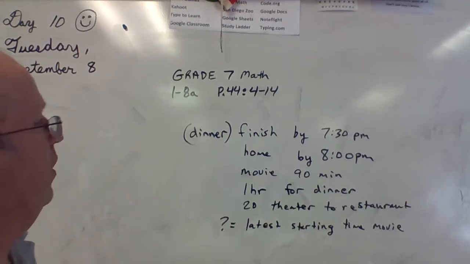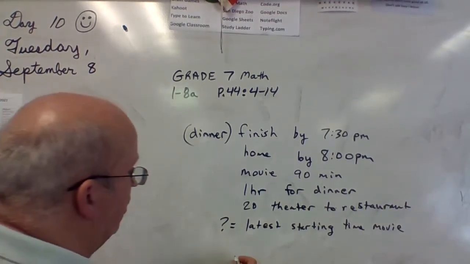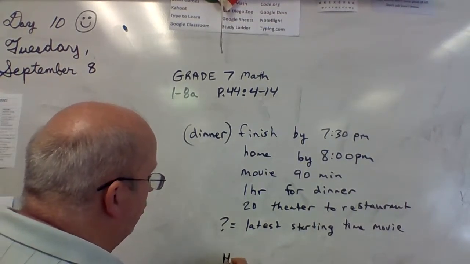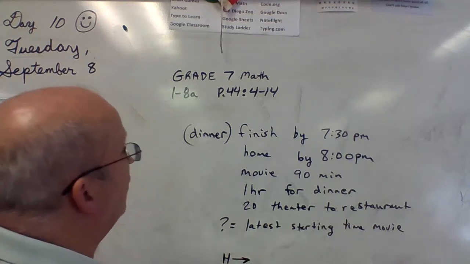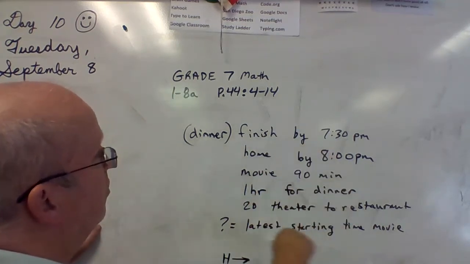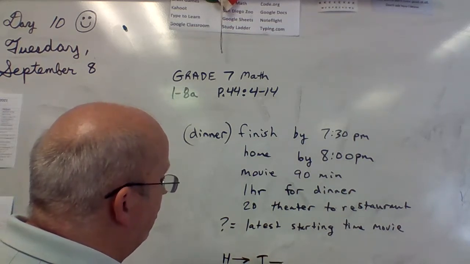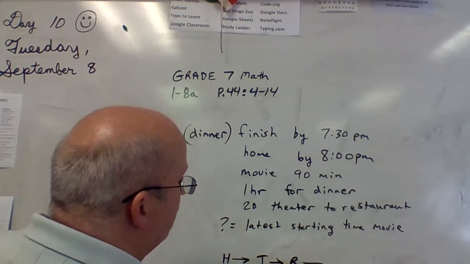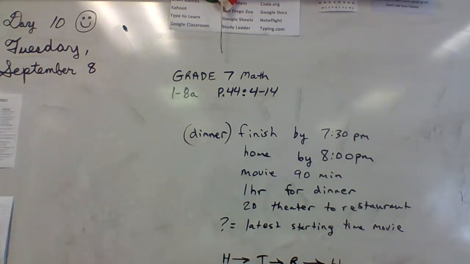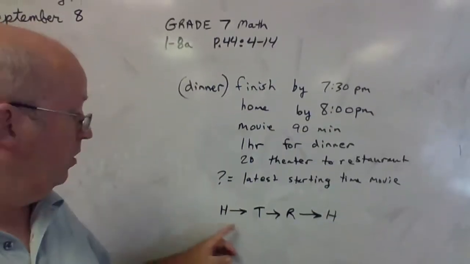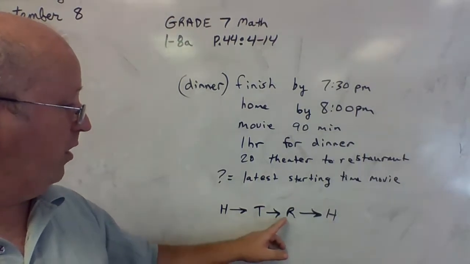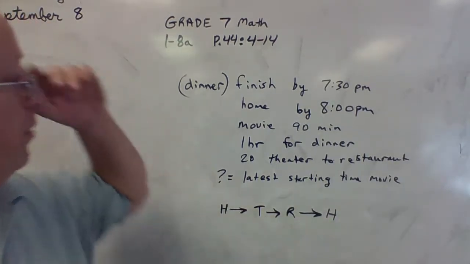Okay, so what in the world's going on here? It looks like we've got home, and then she leaves home, and I think based on everything that this says up here, she's going to go to the theater first, then the restaurant, and then back home again, right? So she's starting off at home, going to the theater, then the restaurant, and then home again.